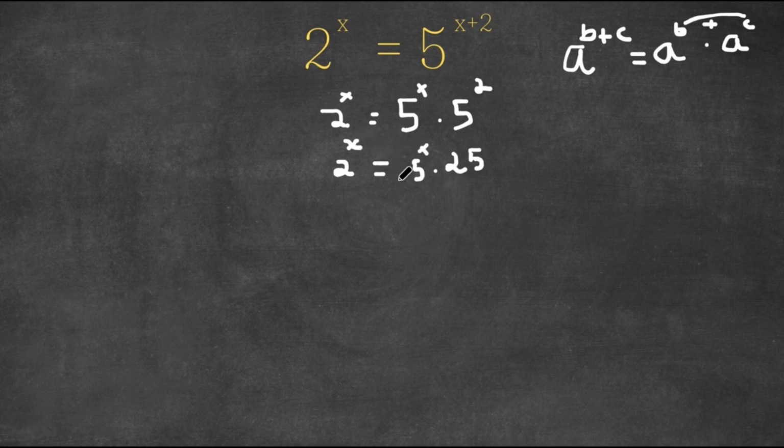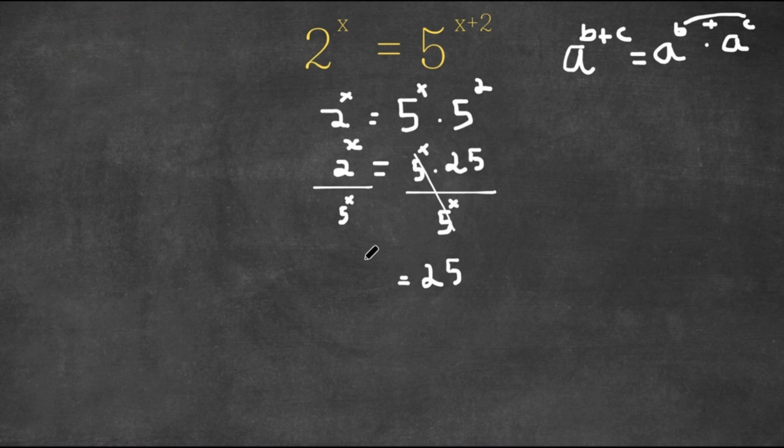Now what we're going to do is divide both sides by 5 to the power of x. So if we divide both sides by 5 to the power of x, well, for this side, these two will cancel out. So on our left-hand side, we'll just have 25.